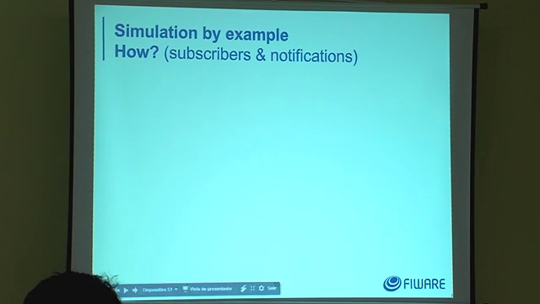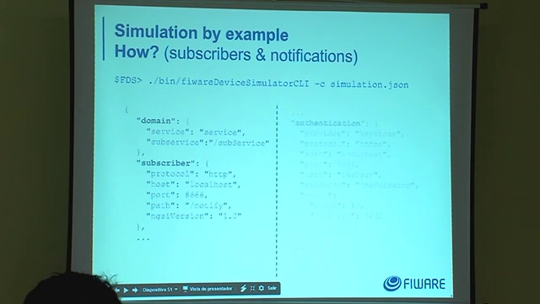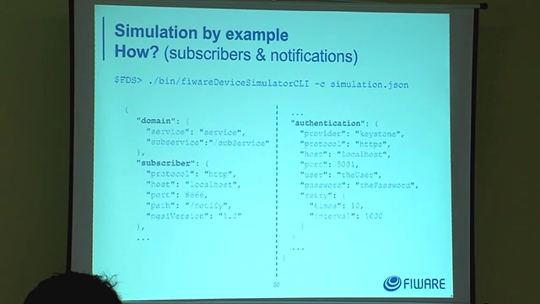Just as we saw, we can make the simulator interact with the context broker. We can do exactly the same with subscribers. As you can see, instead of specifying the context broker data, we can specify the subscriber data.